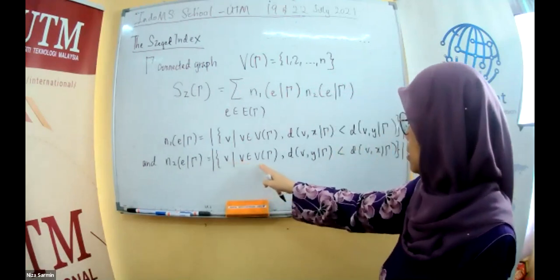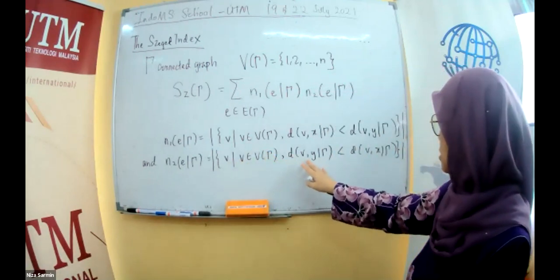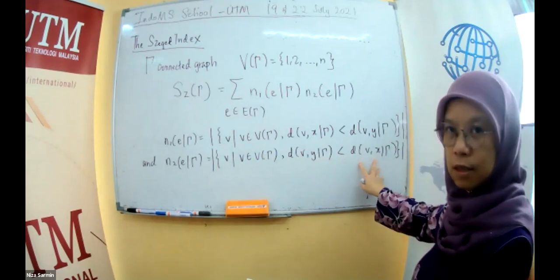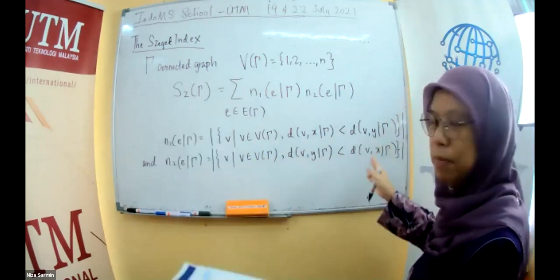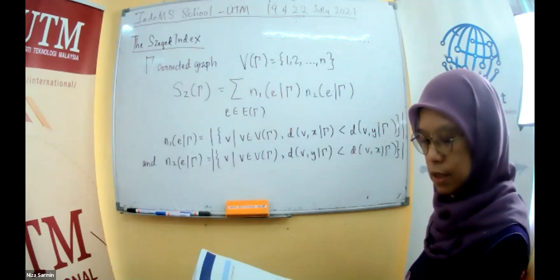So V is a set of vertices with this distance as the condition. Find how many vertices are in the set.